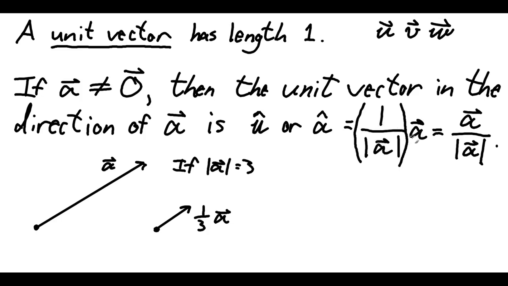So by scaling A by that amount, we scale it to unit length. If A is longer than 1, its reciprocal is a fraction smaller than 1, and it scales A down to unit length. If A has a length smaller than 1, its reciprocal is greater than 1, so that's taking a very small vector and scaling it up to be a unit vector.